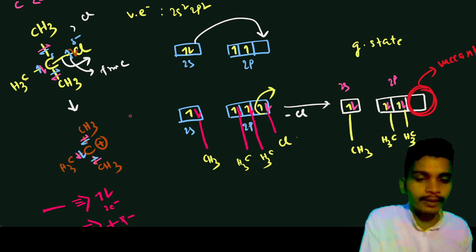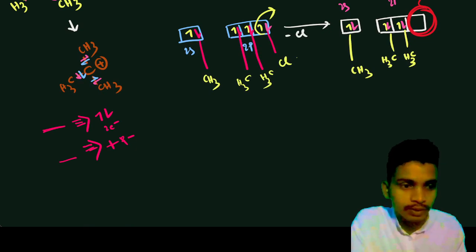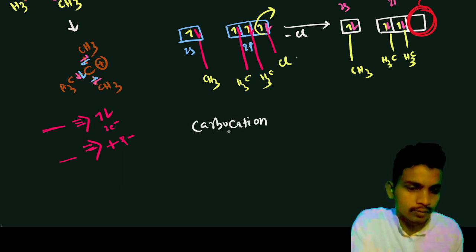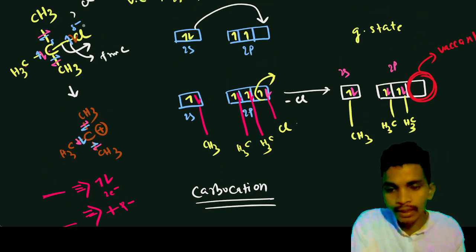So from here we can write some points about carbocations. Whenever the leaving group is there, count the electrons. How many electrons are there? 1, 2, 3, 4, 5, 6, 7, 8.